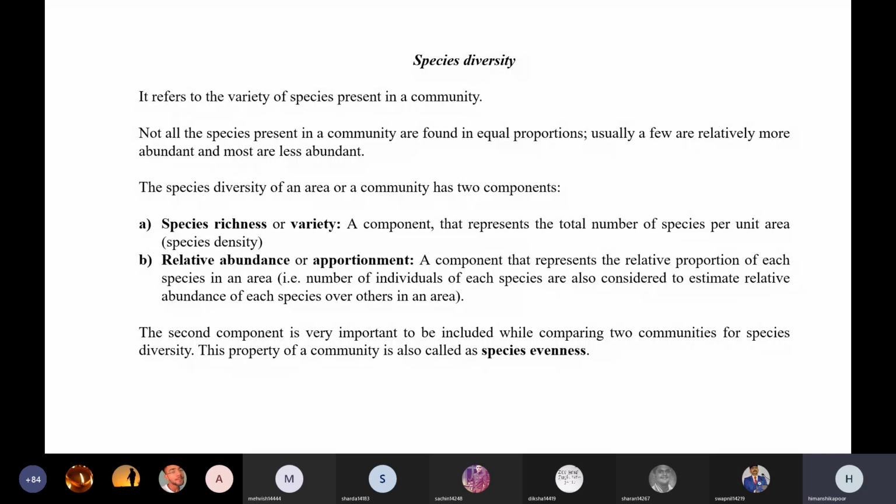Now out of this, if corn has 10 individuals and all the others have 2 individuals, then the relative abundance of corn would be more. So corn would be the abundant species. Understand?